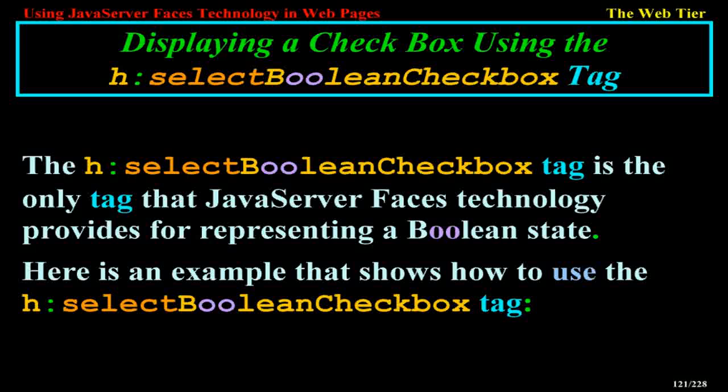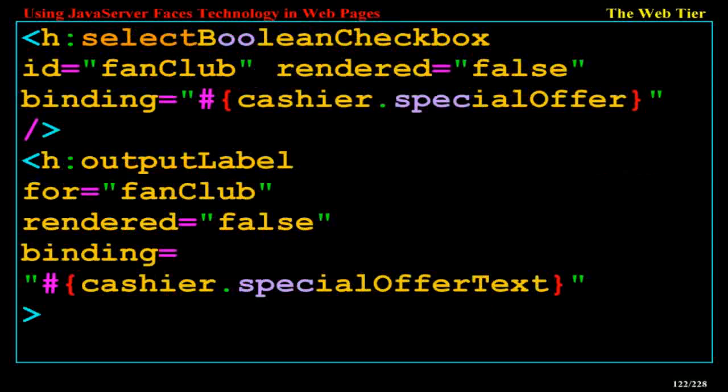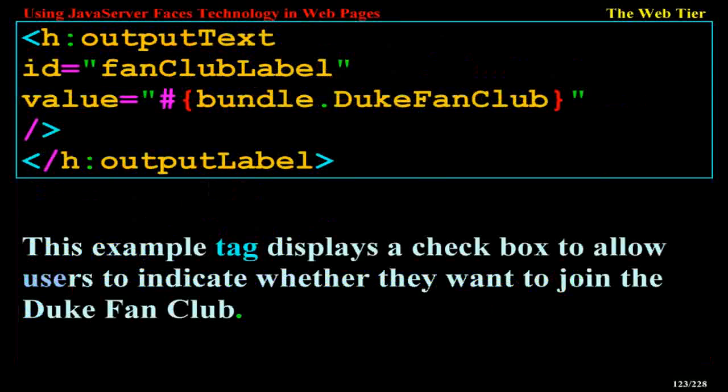Here is an example that shows how to use the h:selectBooleanCheckbox tag. h:selectBooleanCheckbox id="fanClub" rendered="false" binding="#{cashier.specialOffer}". h:outputLabel for="fanClub" rendered="false" binding="#{cashier.specialOfferText}". h:outputText id="fanClubLabel" value="#{bundle.DukeFanClub}". /h:outputLabel.